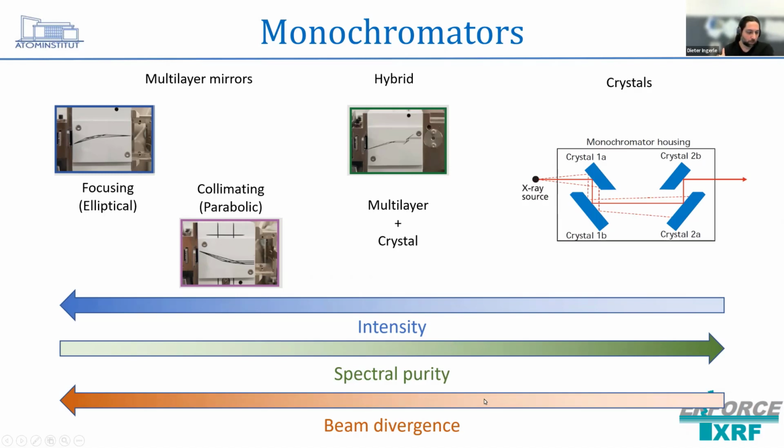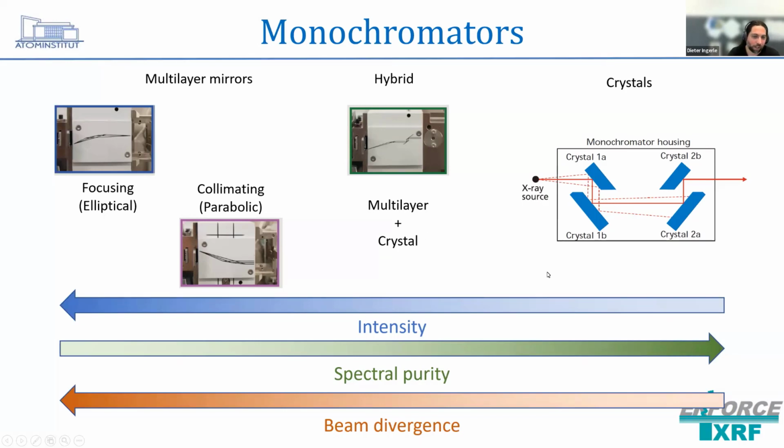And then you have, of course, better spectral purity, as I said, and the intensity will suffer a little bit again. And the divergence will decrease, actually. So it's better for our measurement because we get better parallelism of the beam.